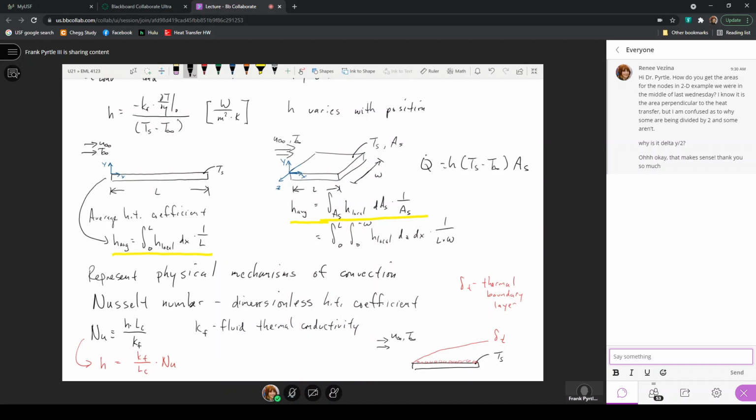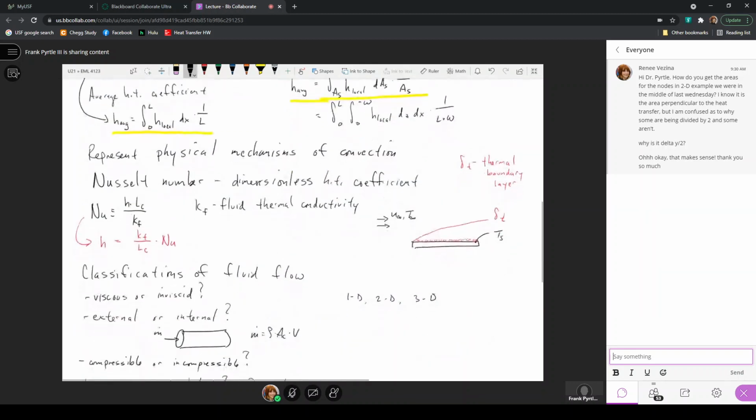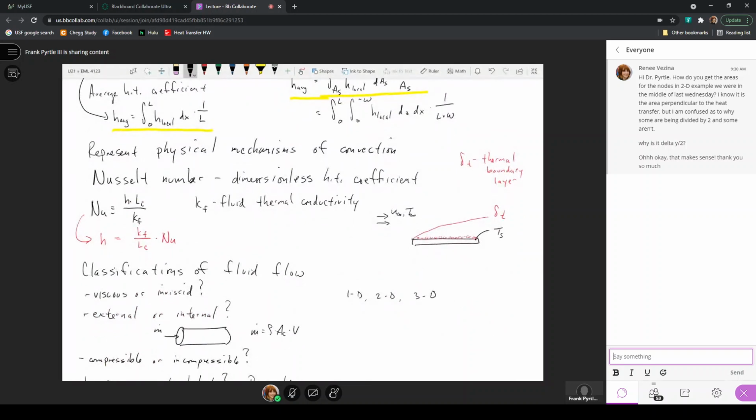And it would be 3D if I move in the X, Y, and Z direction, the temperature varies as a function of all three. So the complexity increases, but 1, 2, and 3D flow just have to do with whether the temperature or the velocity of the fluid changes as I move in each of the coordinate directions used to define that flow.